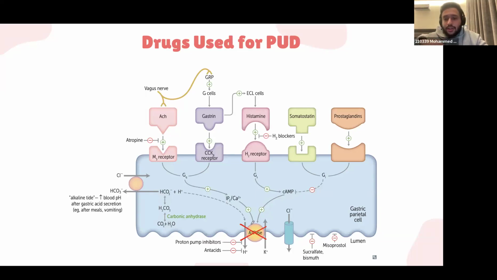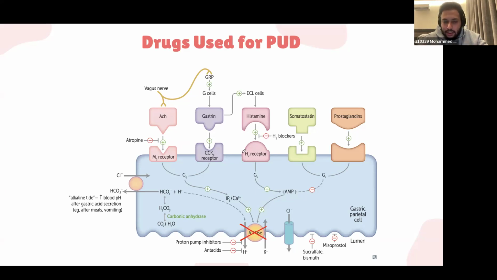Now, there are other ways you can inhibit acid secretion using H2 blockers, and then you have M3 blockers. Give me an example of H2 blockers, guys. Histamine blockers. Famotidine, or the classic drug is cimetidine. Not as used as much, obviously, but cimetidine.